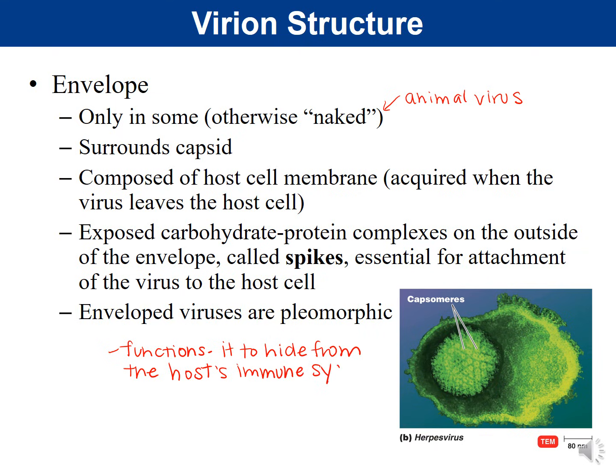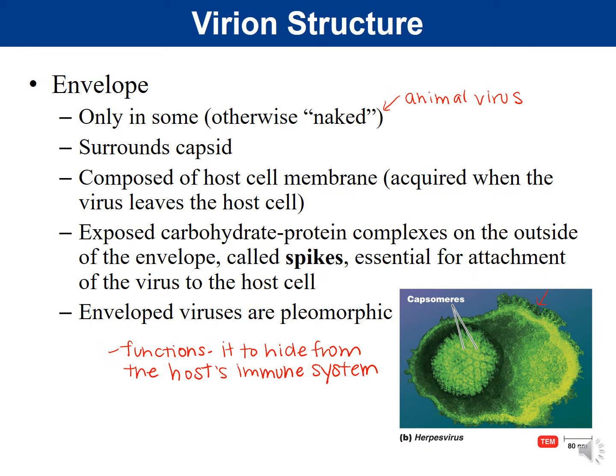And that's because many of the antigens on the outside of this virus particle are derived from the host cell itself. And so the immune system recognizes it as self and doesn't attack it. And so the function of the envelope is to hide from the host immune system.